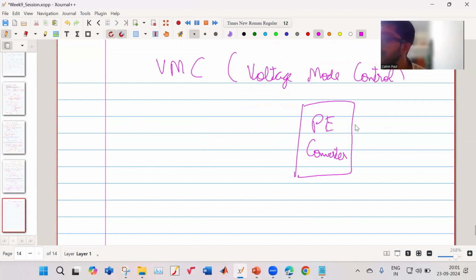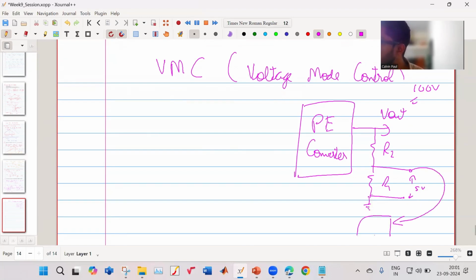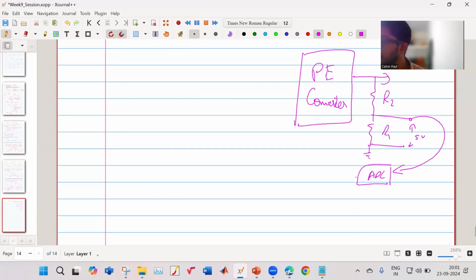Okay, it has an output. Let us say your output is 100 volt. Okay, we will use what is known as a resistive divider, R2, R1, etc., and bring this within the range, let us say 5 volt. Okay, this 5 volt signal goes to my ADC.